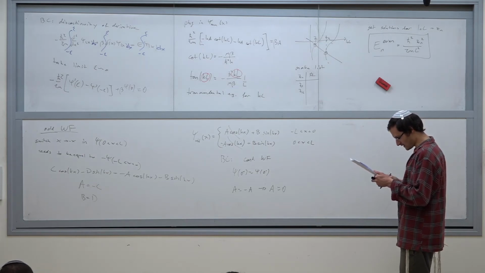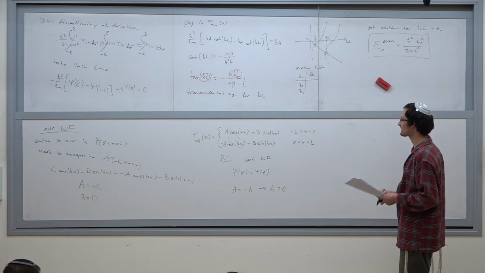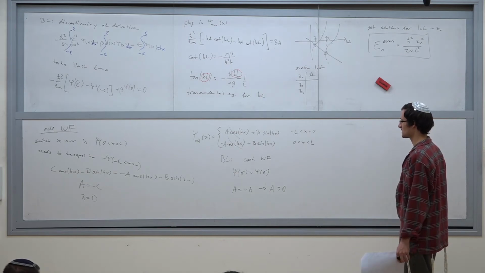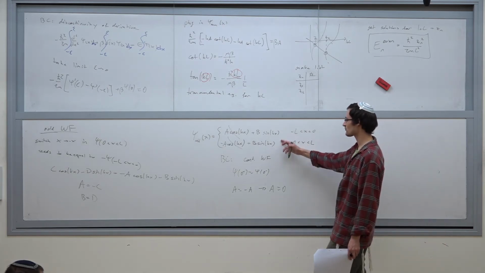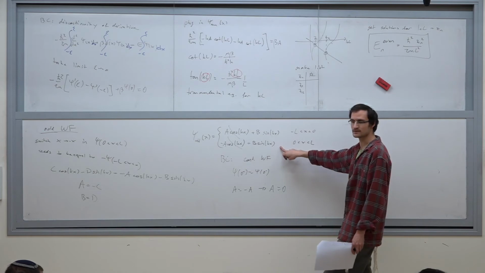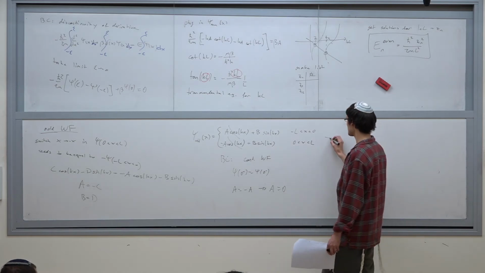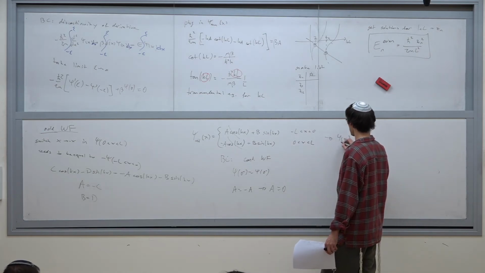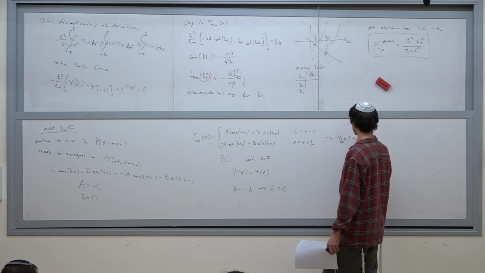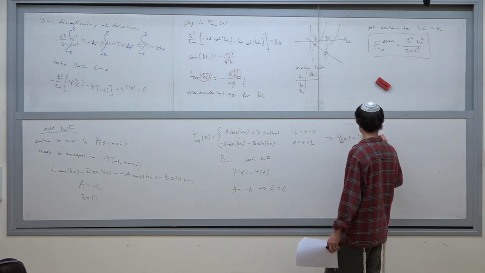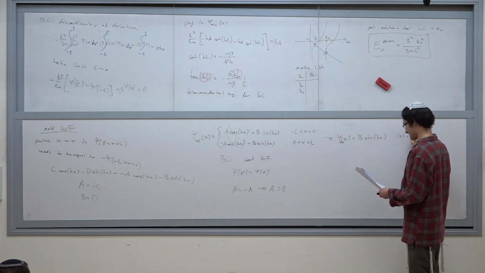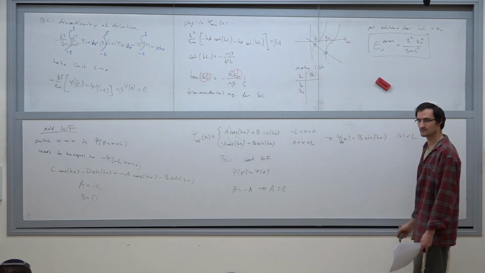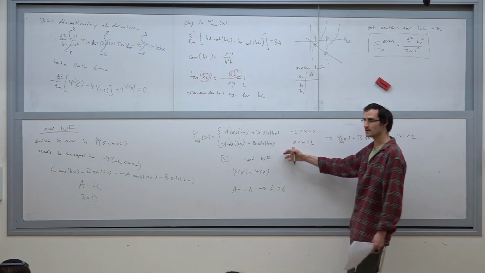Okay, and now we think about the derivative. Notice that the derivative of the wave function is automatically already continuous. It's just psi of x equals b sine kx everywhere, the same on the left and on the right.